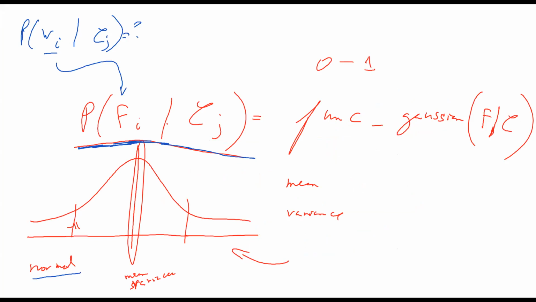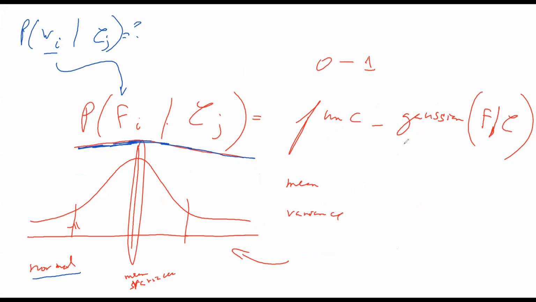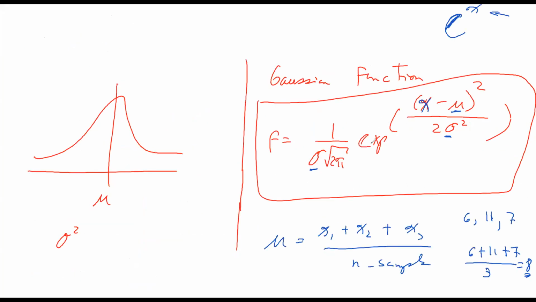So that takes us then to calculate those probabilities. Just like before, we were just counting the x's given the classes. Now we're still dealing with the f's given the classes, but we just plug them into our function, and then our function will look like this, which is the standard Gaussian function.